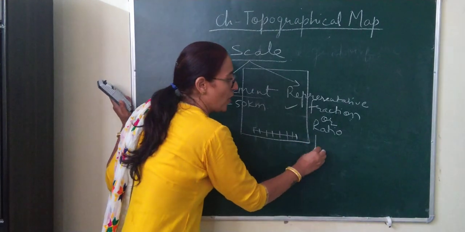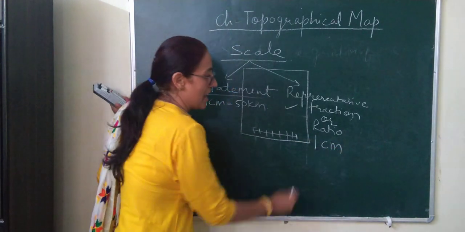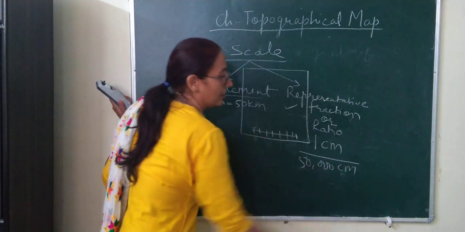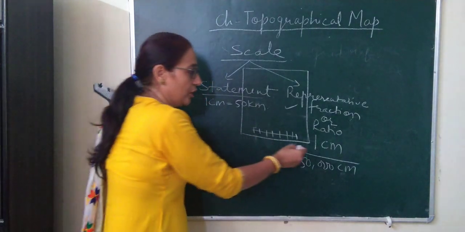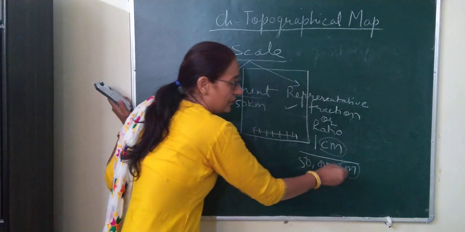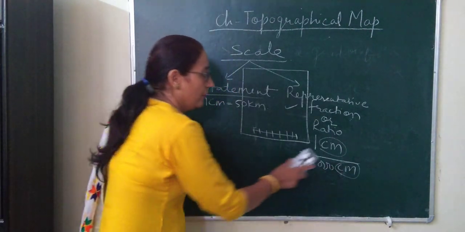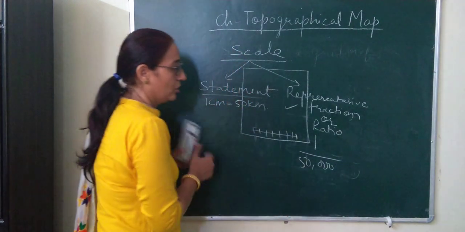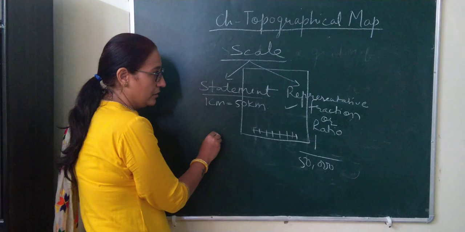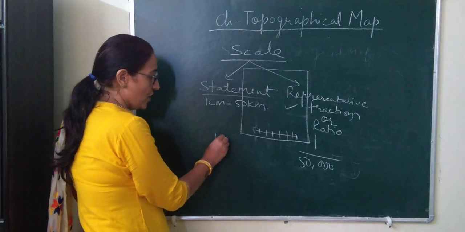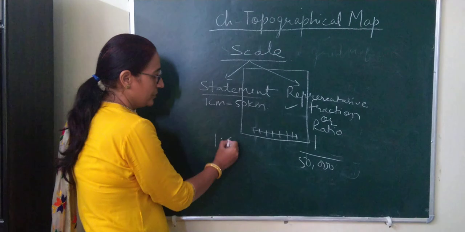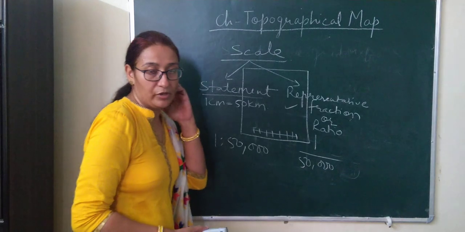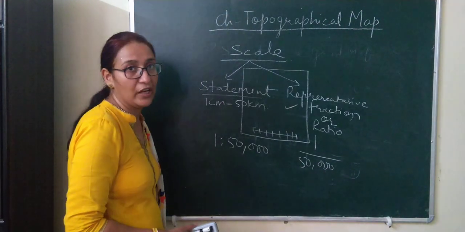We write 1 centimeter on map represents 50,000 centimeters on ground. So the unit of numerator and denominator will be the same. We can write it this way also, 1 over 50,000. Or another way to write representative fraction or ratio: 1 centimeter on map represents 50,000 centimeters. In this way we write the representative fraction.